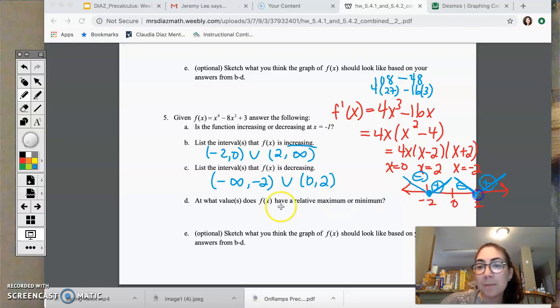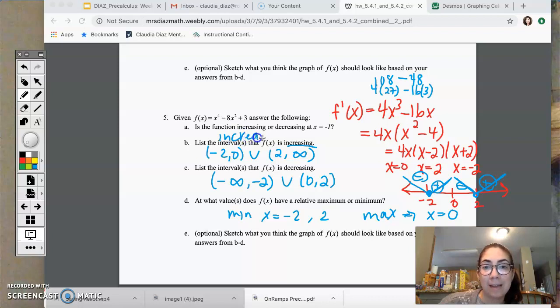There are 2 minimums. The min is at x equals negative 2 and positive 2, and the max is at x equals 0. Now negative 1 falls into this interval, meaning it is increasing in that interval.